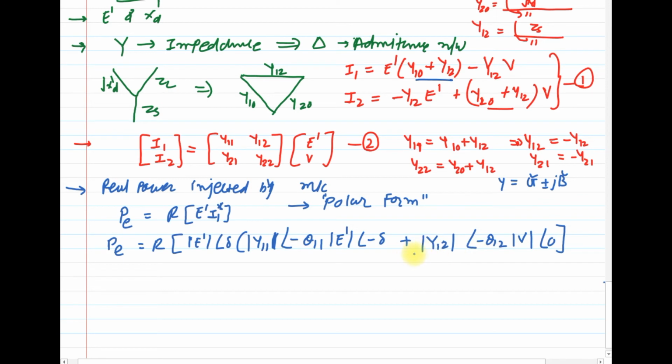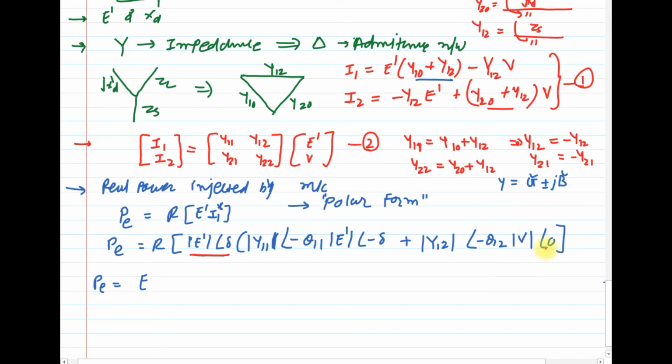Clear? Here we have considered the value of current I1 in polar form. So we will get the final equation PE is equal to, just multiply this quantity into this bracket.